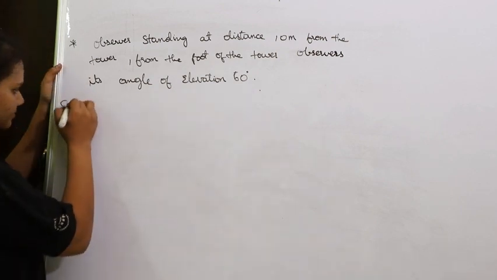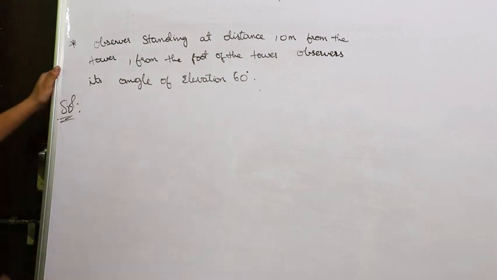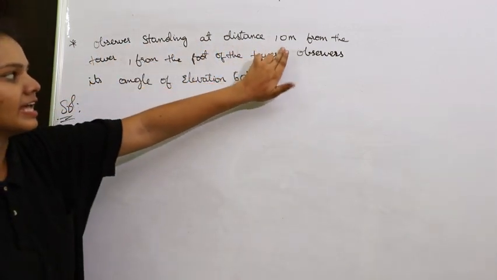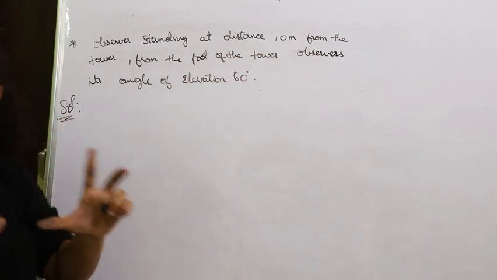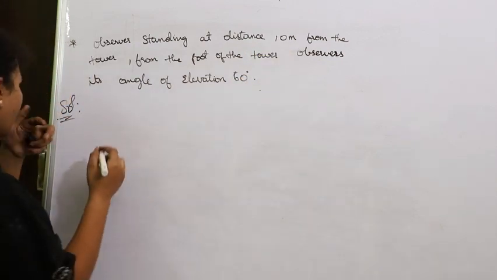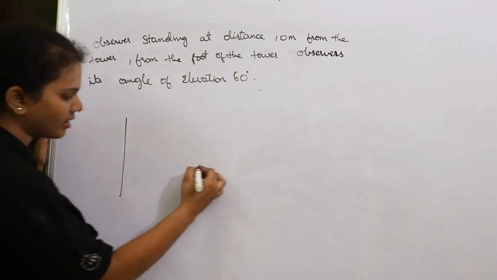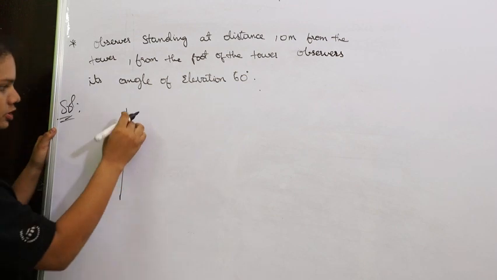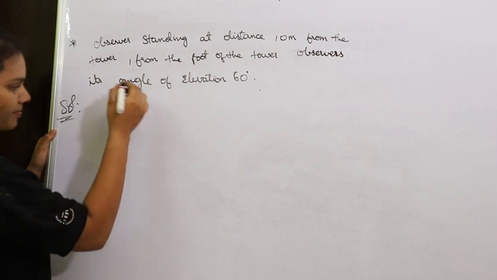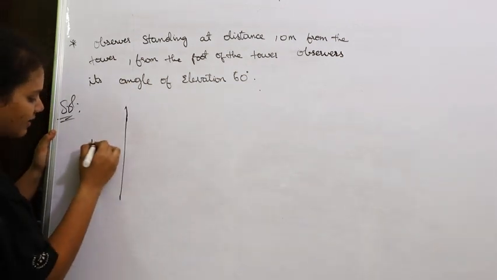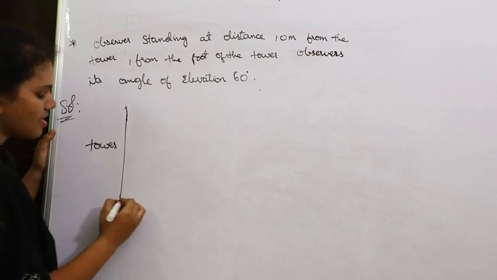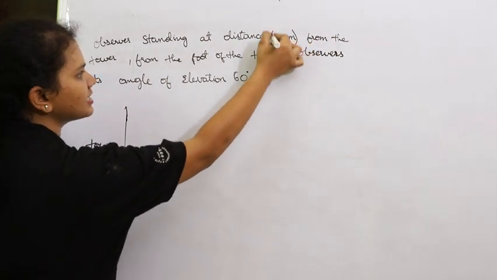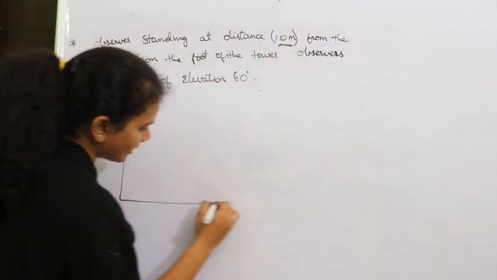First I will explain this, then afterwards you can draw it. The observer is standing 10 meters from the tower. Let this be the tower, and the observer is standing at a distance of 10 meters from it.